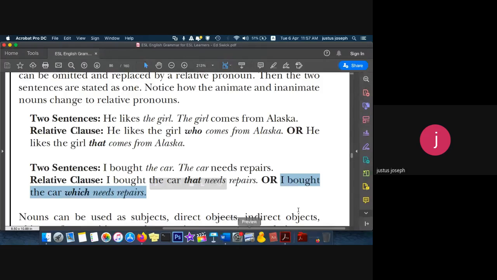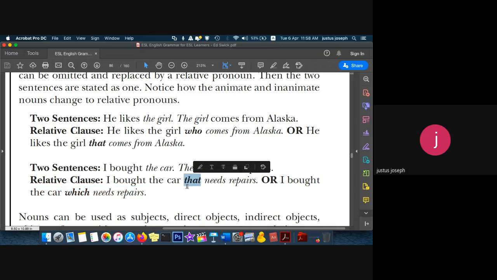Can anyone tell me the difference created by these two words? I've taught you this just now. Can anyone tell me what is different in this sentence and what is different in this sentence? Anyone?